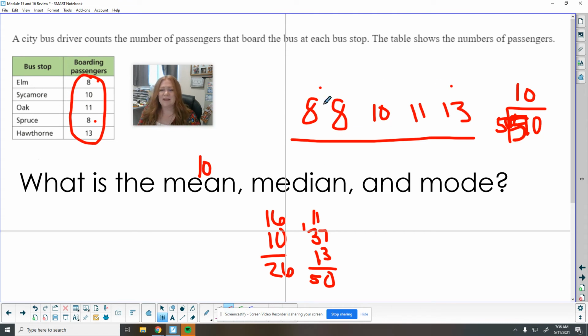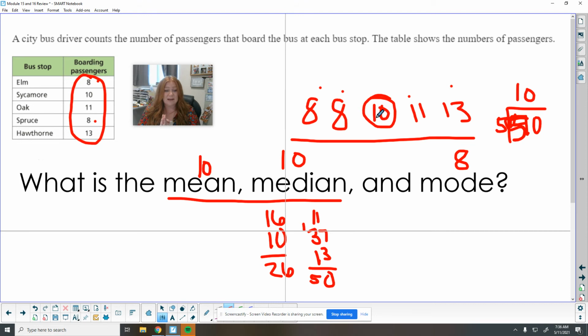Okay, the median, find the middle number, is also 10. And the number that occurs the most is 8. So if I had to choose one of these data points to represent them, I would choose the mean or the median because they're the same, and that's the very center of my data, and it kind of represents everybody.